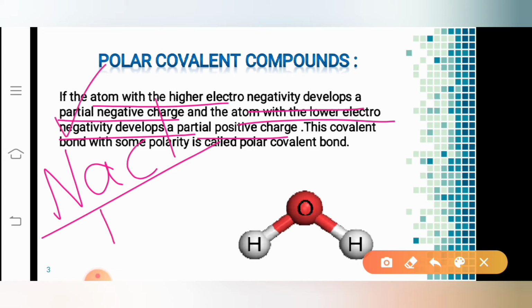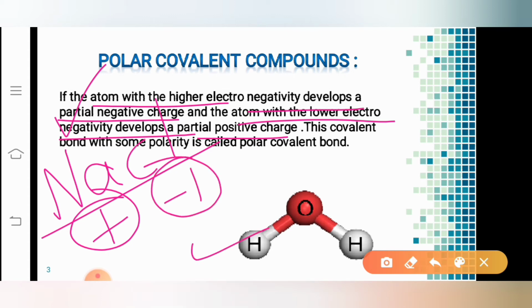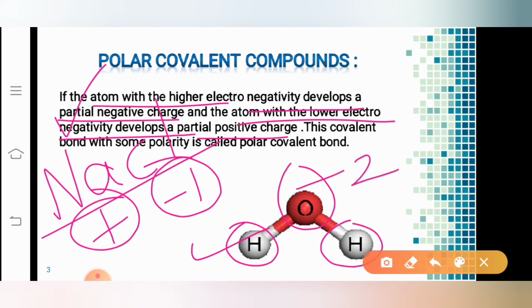Sodium donates 1 electron, thereby it creates a positive charge. Chlorine receives 1 electron, thereby it develops a negative charge. Similarly, when we look at the molecule of water, it has 2 atoms of hydrogen and 1 atom of oxygen. Here, as oxygen needs 2 electrons, it develops a partial negative charge. And by now you have understood oxygen has higher electronegativity.